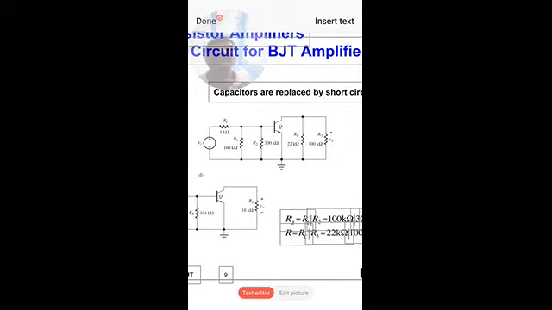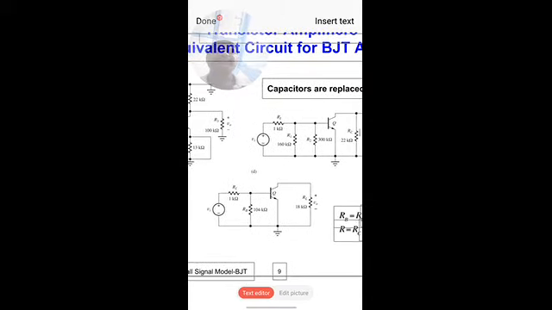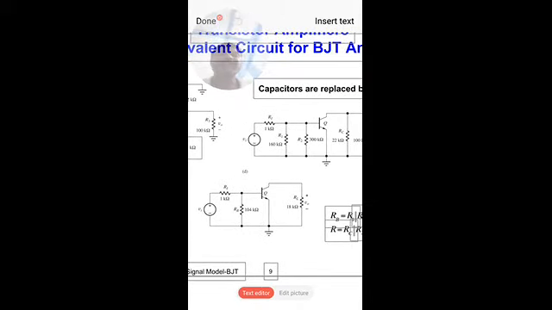See now, on the output side RC and R3 are in parallel from collector to the ground, and on the input side R1 R2 will become parallel from base to emitter. Now we draw the equivalent of the parallel resistance RB, of R1 and R2. The parallel combination of 160 kilo ohms R1 and 300 kilo ohms R2 becomes the equivalent resistance RB, which is equal to 104 kilo ohms.